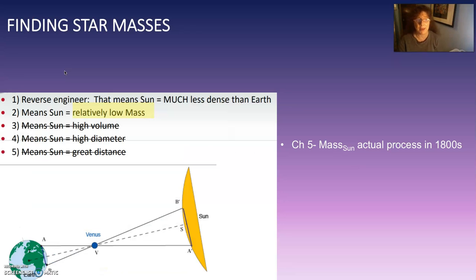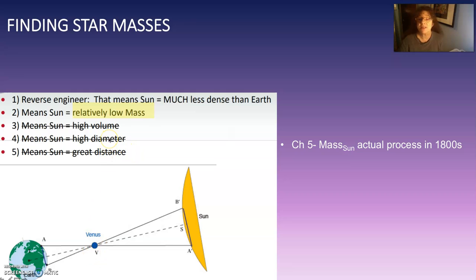Really a beautiful thing. And when we found the mass of our sun, we did it in a process that actually dates back to the 1800s. And we did it in part based on the transit of Venus, if you remember. So we used parallax to get the distance to Venus.